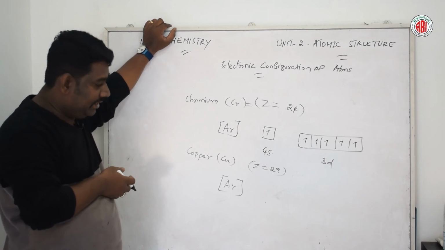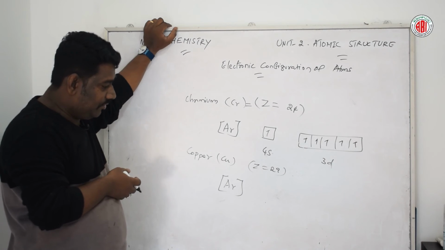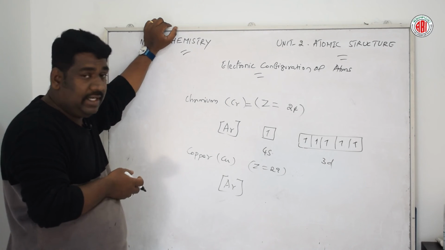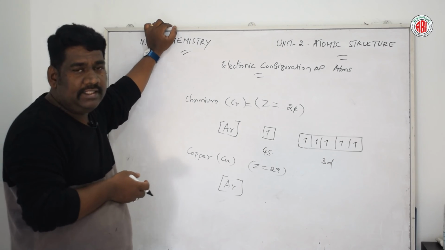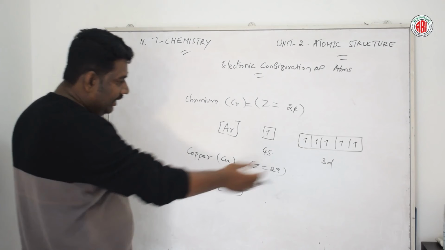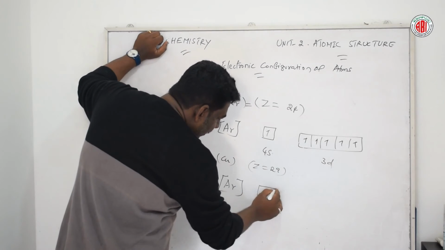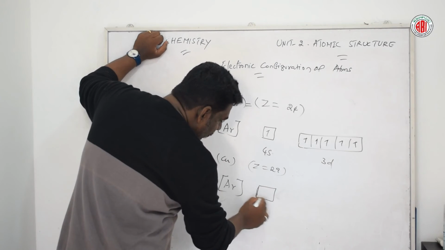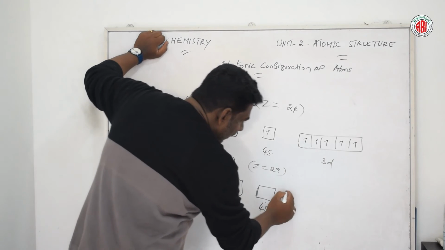Out of these 29, how many electrons are left over? 10 plus 1, 11 electrons are left over. How can these 11 electrons be shared in each cell? Here we are supposed to write 4s and 3d.